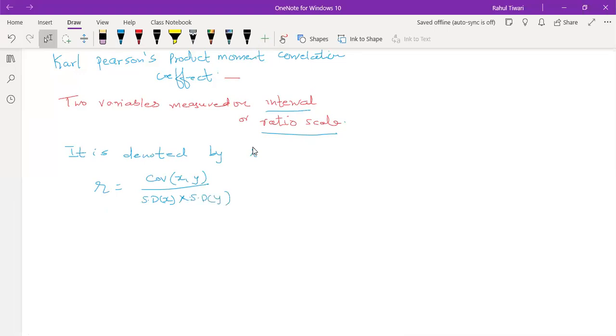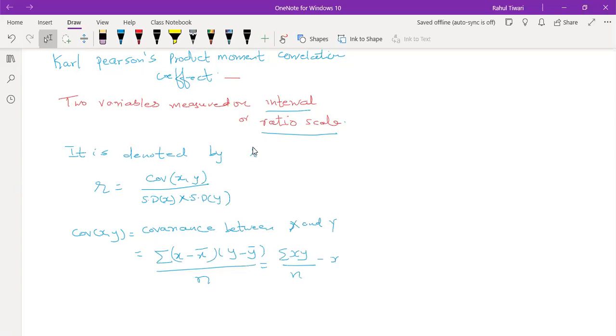You know what COV is: covariance between x and y. And what is the formula? It is summation of (x minus x bar)(y minus y bar) upon n, or it can be written as summation xy upon n minus x bar y bar.